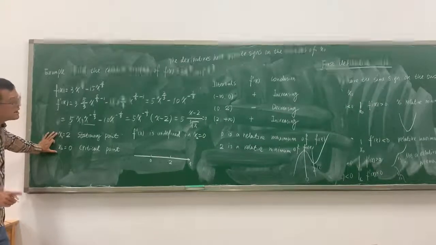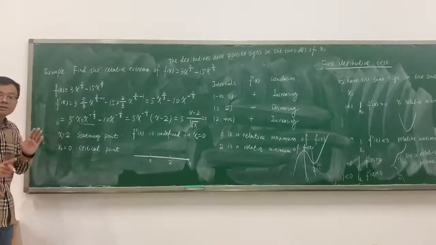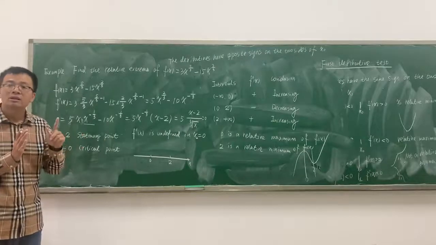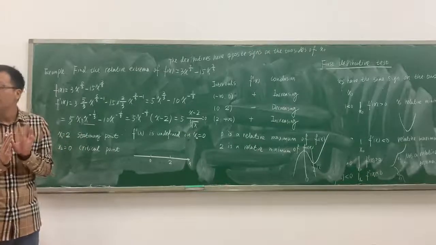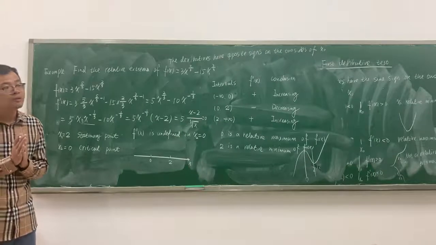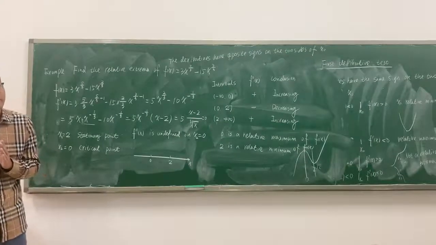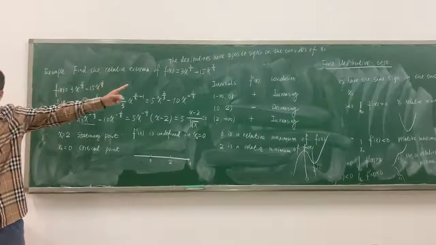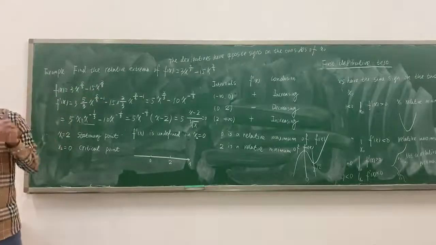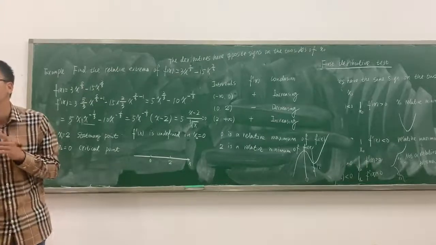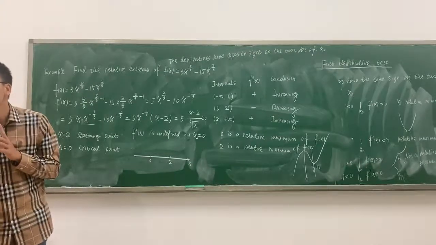And the second step is you need to see on the left of the critical points, the derivative is positive or negative, and on the right of the critical points, the derivative is positive or negative. And then we use the first derivative test to see if it is a relative maximum or a relative minimum. Okay, can you understand?